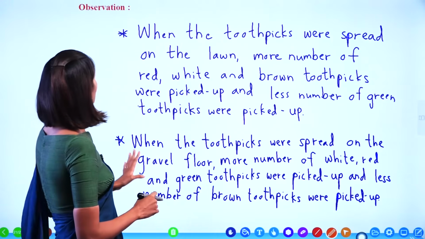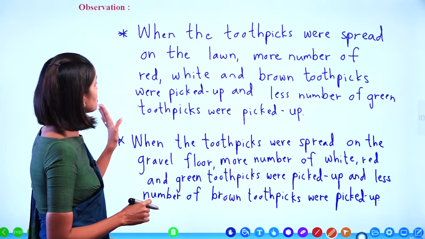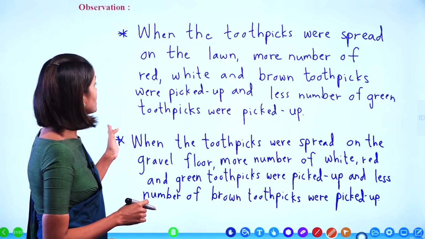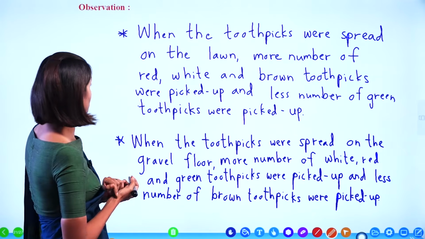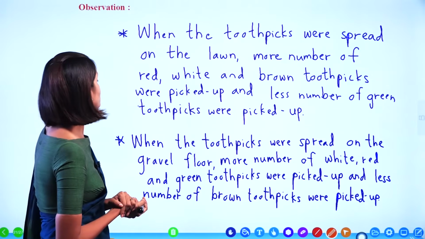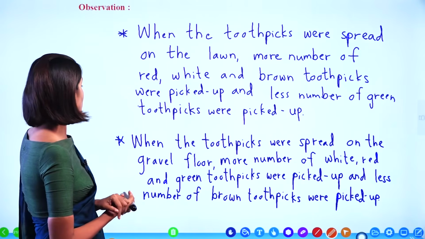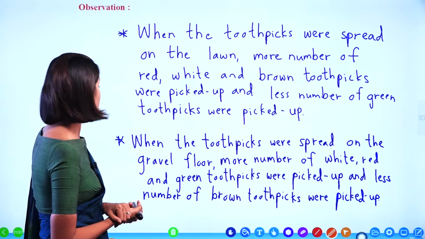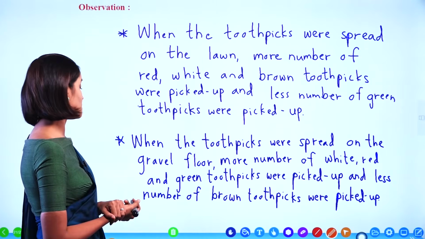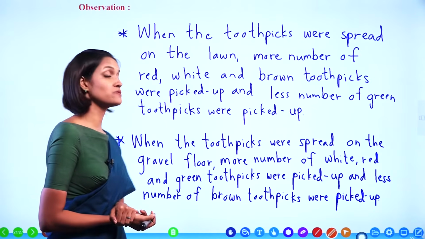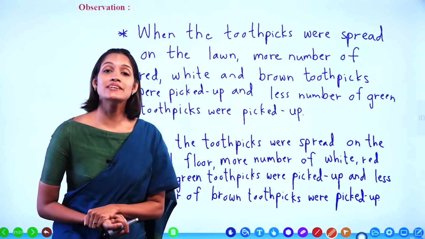Okay. When the toothpicks were spread on the lawn, more number of red, white and brown toothpicks were picked up and less number of green toothpicks were picked up. When the toothpicks were spread on the gravel floor, more number of white, red and green toothpicks were picked up and less number of brown toothpicks were picked up. What is the reason?